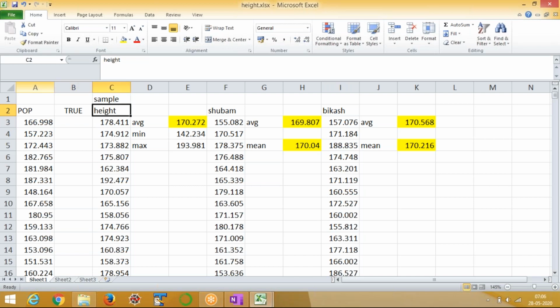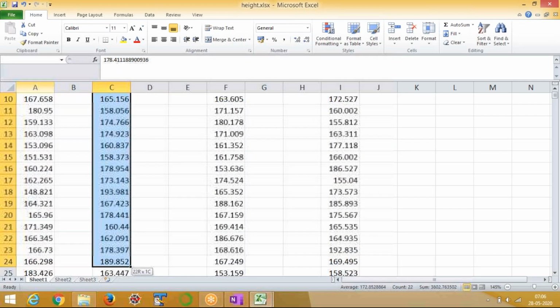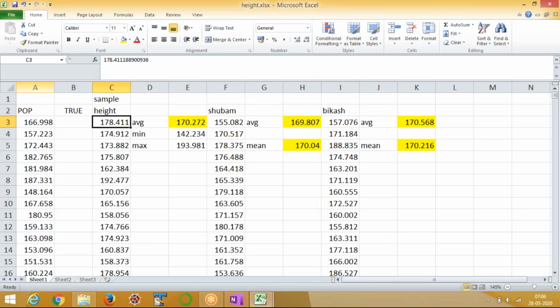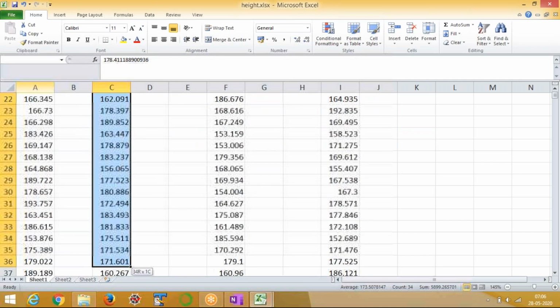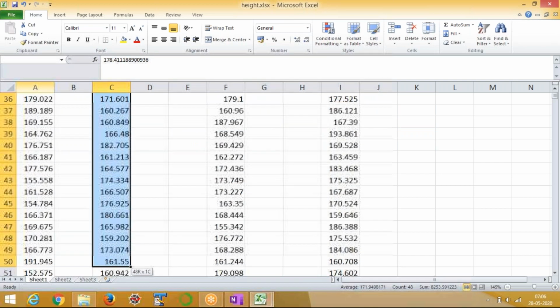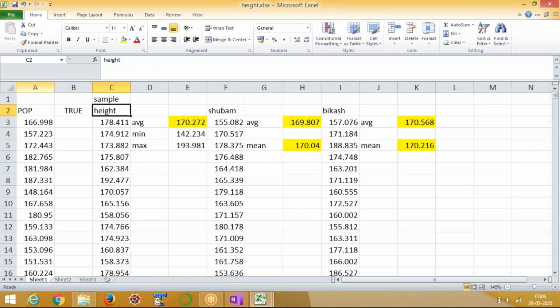This is called a variable, a variable which is catching all the information of the 100 people, or 1000 people, or 5 people, 10 people, whatever.